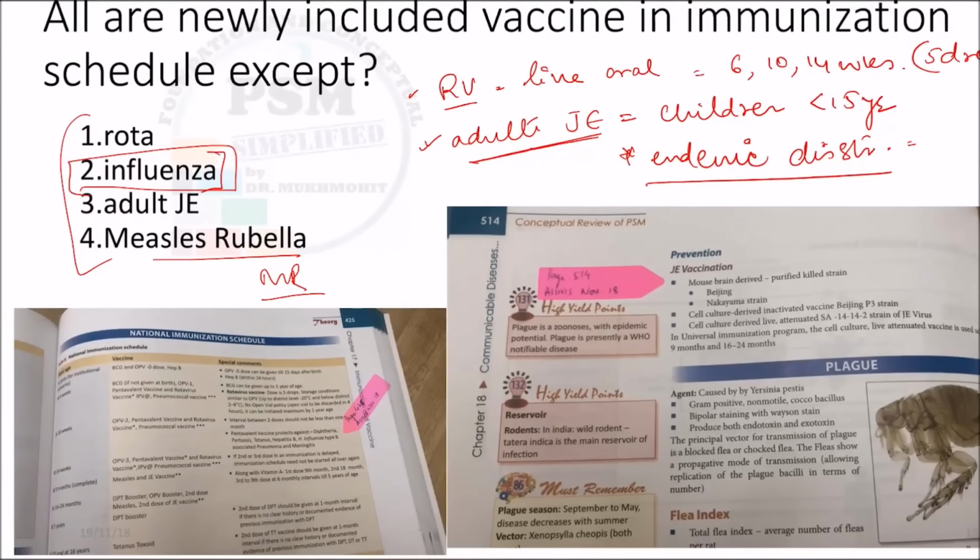We can also have trivalent or quadrivalent flu vaccines. It is given in a few countries like the US and Canada, but in most places influenza vaccine is optional by the public health authorities. In India, influenza vaccine is not used.